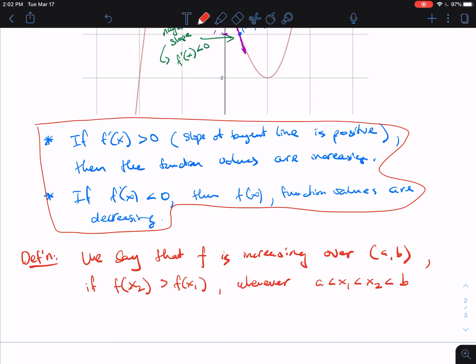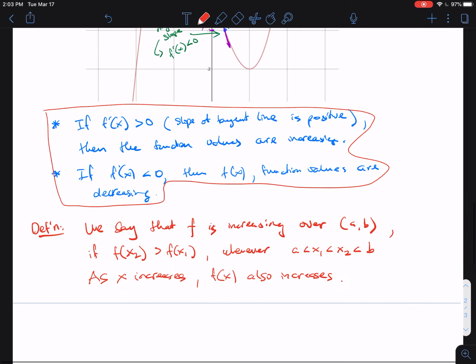The function values, or the outputs, corresponding to those x: one is greater than the other as x increases. So they're saying that as x increases, f of x also increases. That's what it's saying.